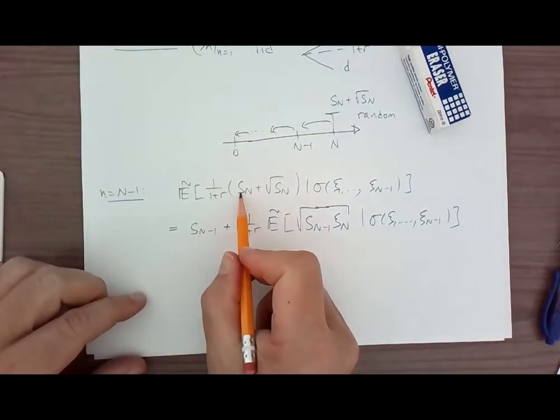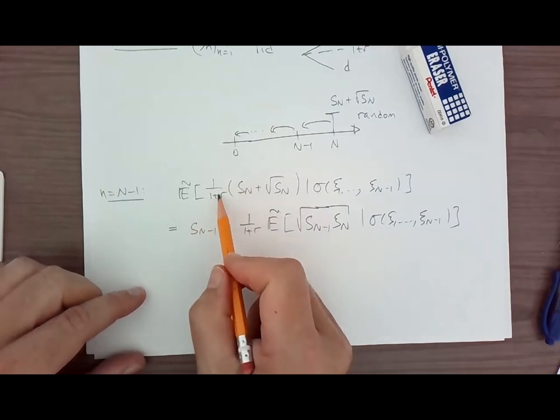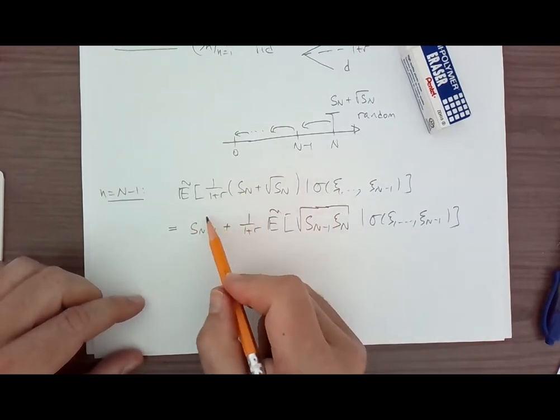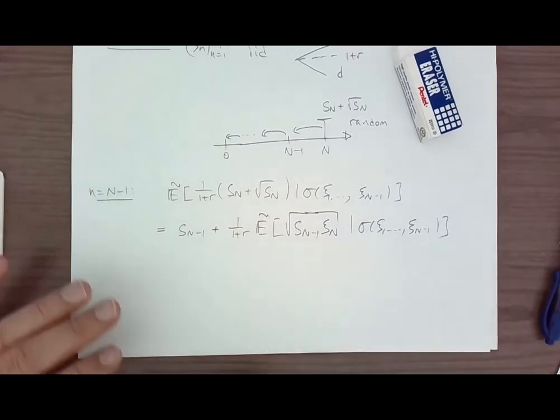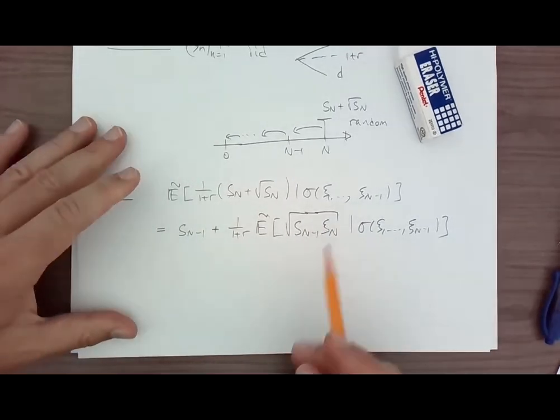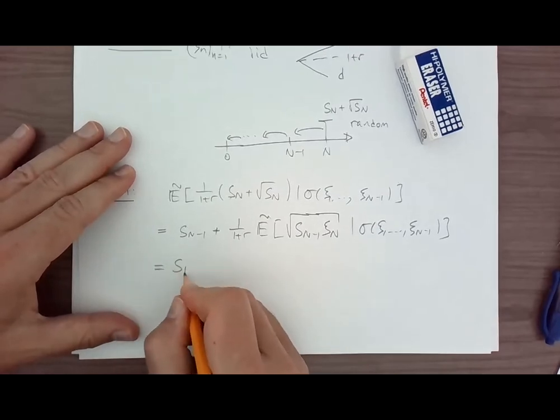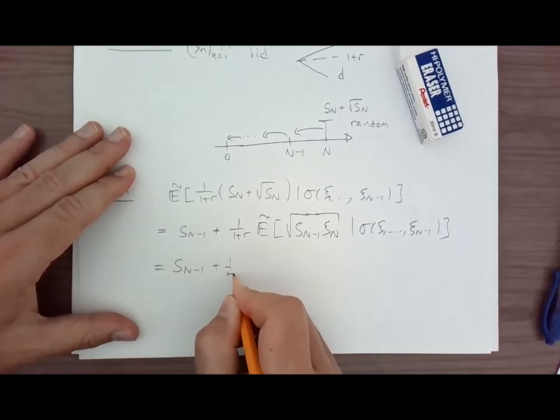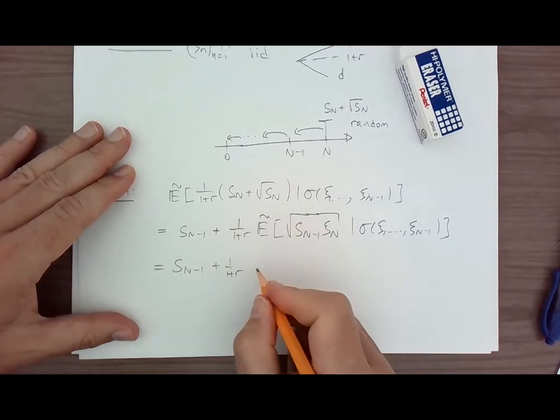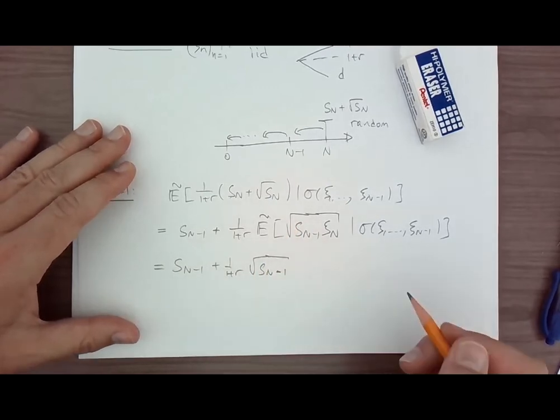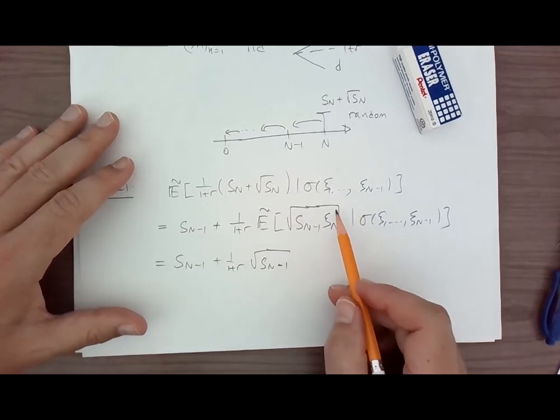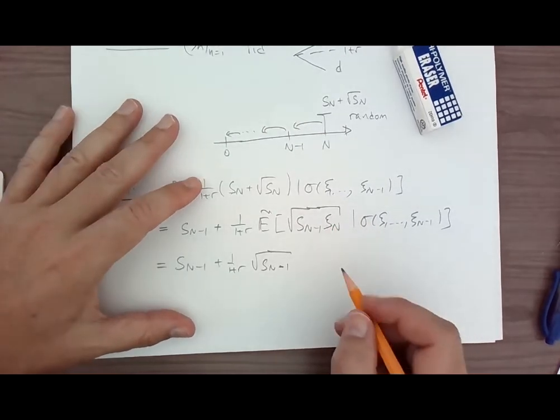So here we use the martingale property that if I take the stock price, I discount it, compute the conditional expectation, I'm just going to get the current stock price. The second part here is harder, but at least we got to decompose. So we can pull out the square root of Sn minus 1. And then what remains is the square root of psi n, but that's independent.